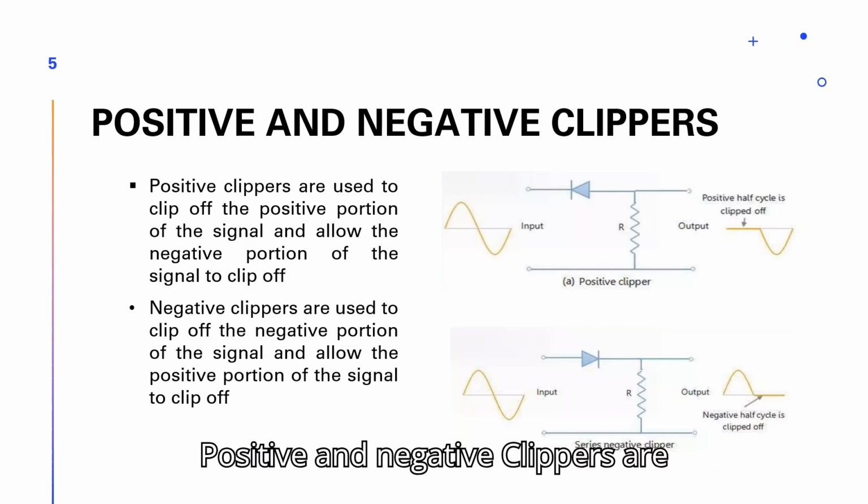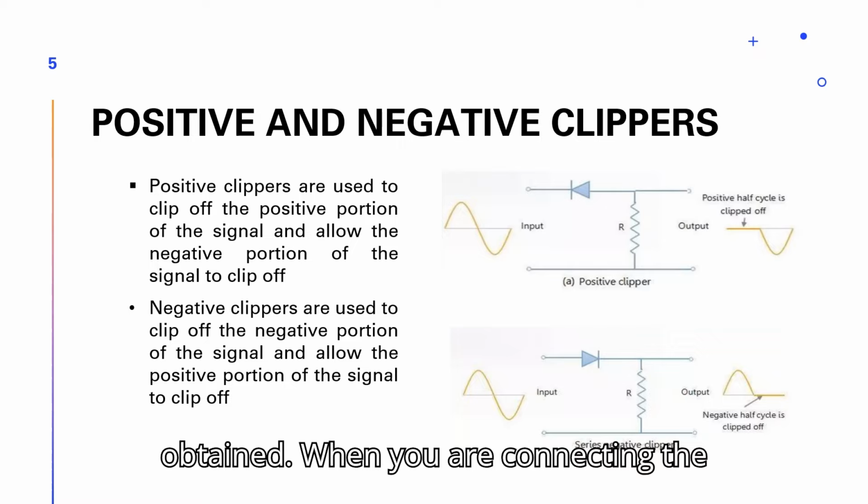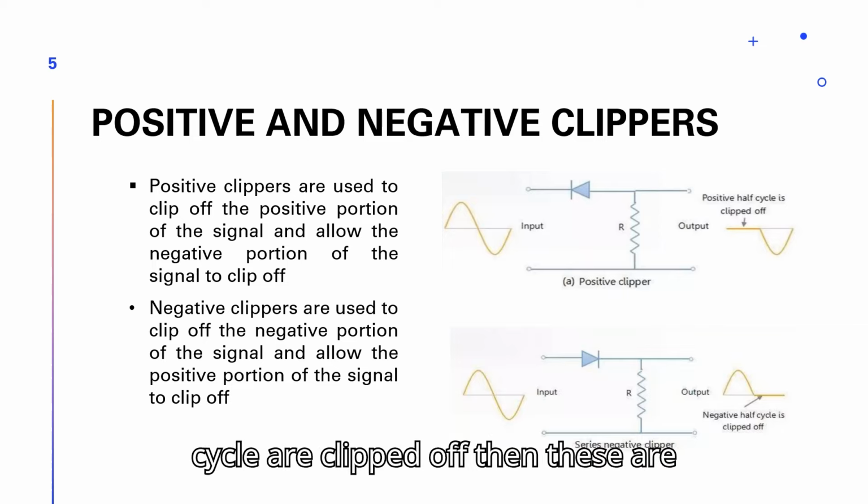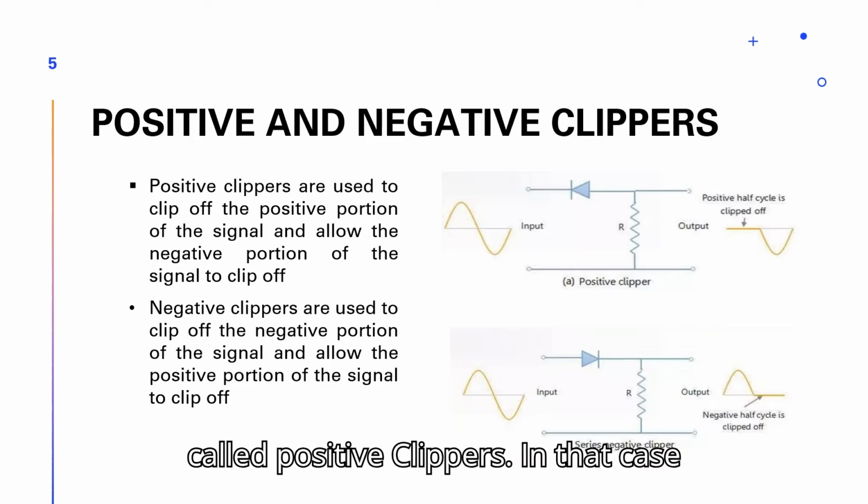Positive and negative clippers are obtained when you connect the diode in such a way that the positive cycle is clipped off. Then these are called positive clippers.